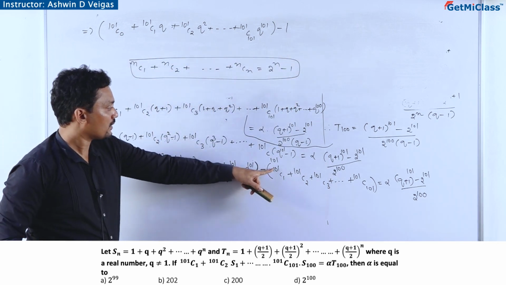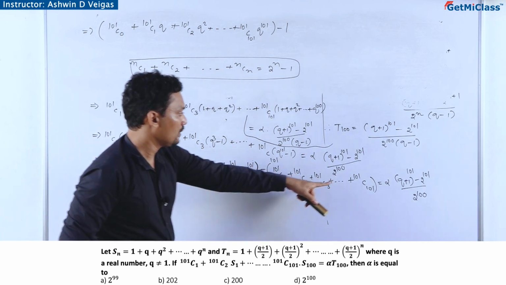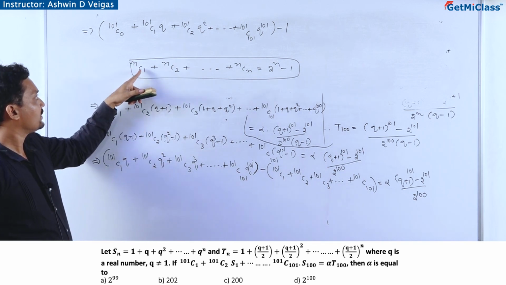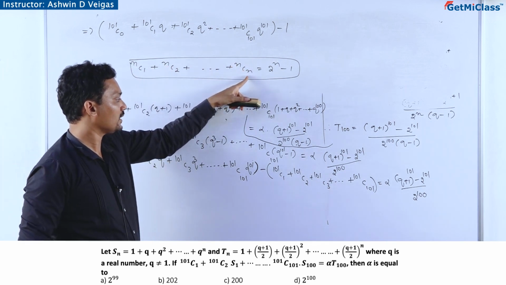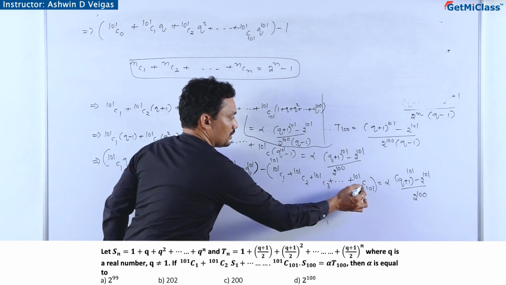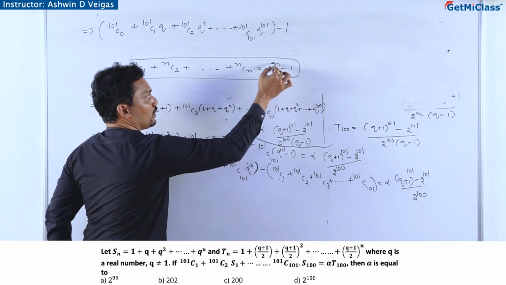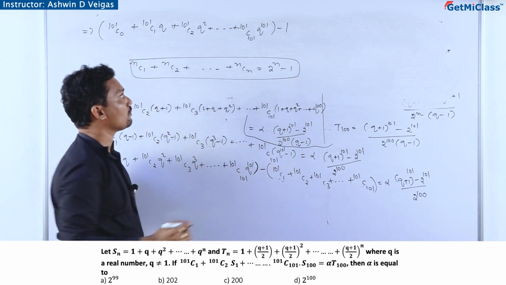See, 101C1 plus 101C2 up to 101C101. We have this, so therefore the answer of this will be 2 power n minus 1, that is 2 power 101 minus 1.